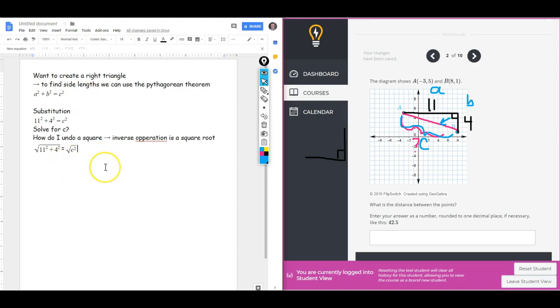Now the square root of c squared, the whole reason why we would do that is so that it would come out to be c. And I'm just going to leave the square root of 11 squared plus 4 squared underneath that square root until I jump over to a calculator to simplify.